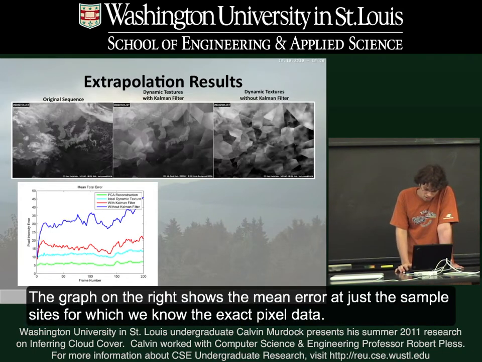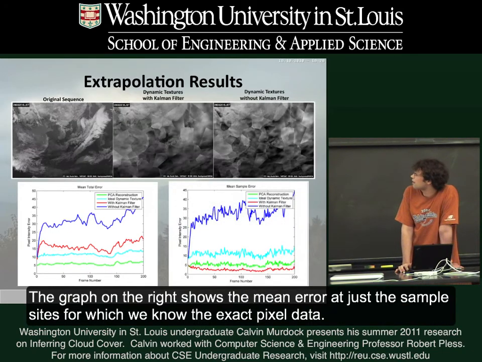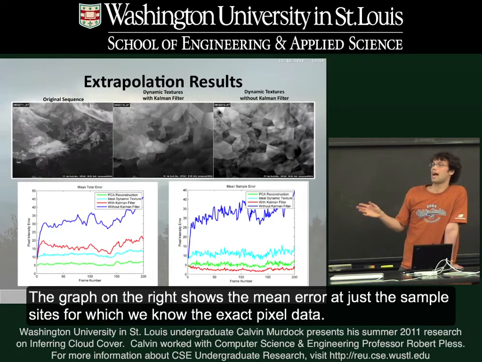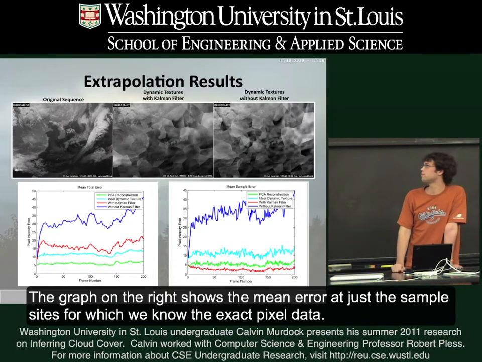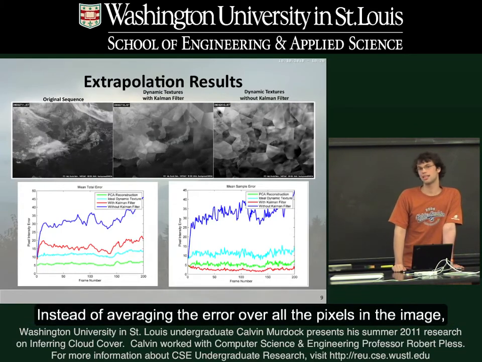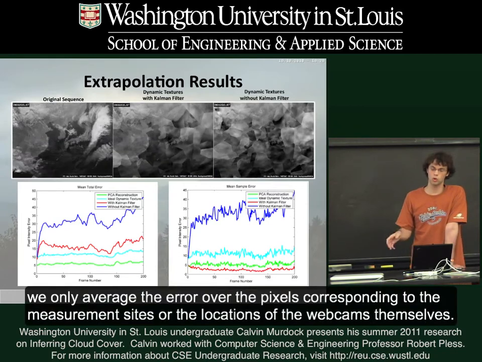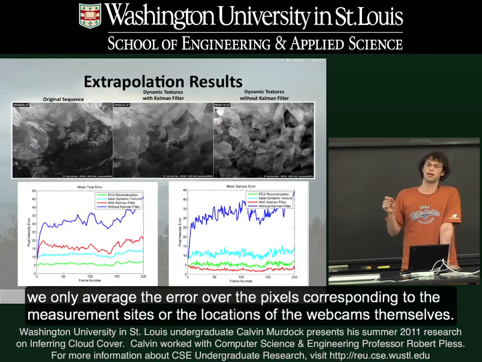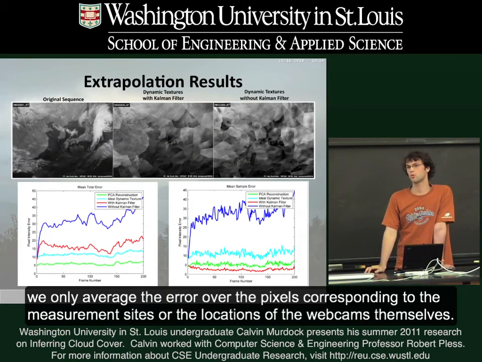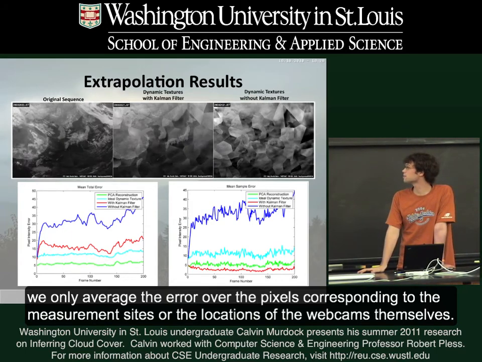And then we can also show a graph of the sample error, or the mean error at just the sample sites where we know the exact pixel measurement. So instead of averaging the error over all of the pixels in the image, we only average the error over the pixels corresponding to the measurement sites, or the locations of the webcams themselves.